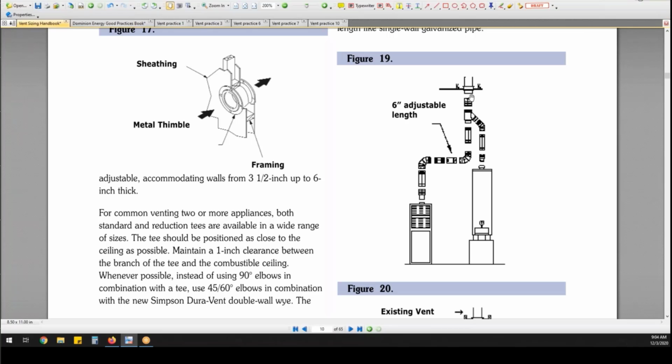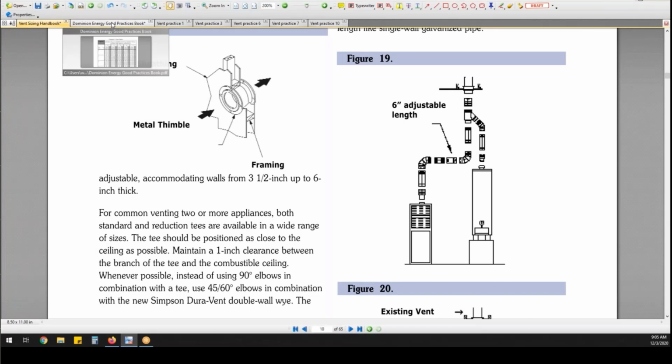In this case, let's assume a 6-inch main stack with a 3-inch water heater connector and a 4-inch furnace connector. So my T would be a 6 by 3 by 4, and it's part of the main stack. Does that help clarify? Okay.